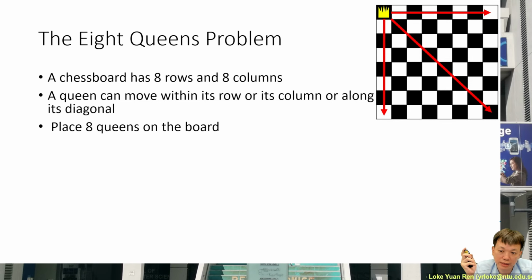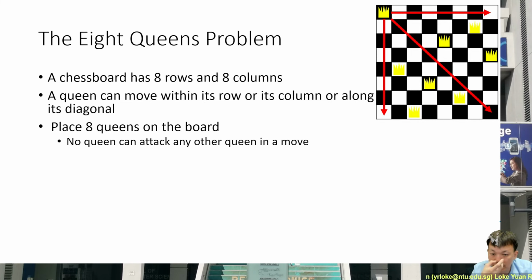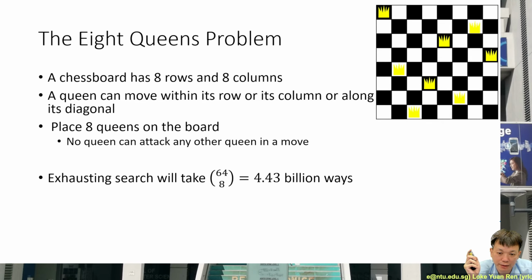So you want to put 8 queens on the board. This is one of the solutions, and no queen can attack each other. The most naive exhaustive search is to just try out all the possible cases. Put all 8 queens in the same row. No, not possible. Then you try another combination, and another, and another.